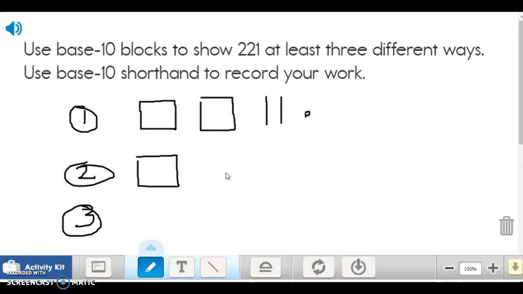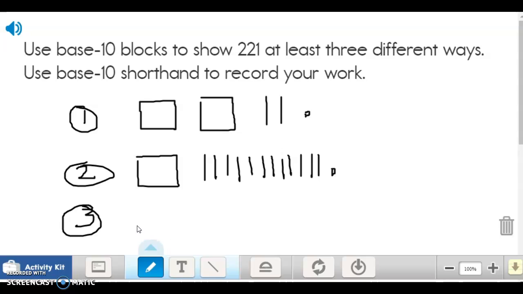So I'm going to need 10 plus 2, which is 12 longs. 1, 2, 3, 4, 5, 6, 7, 8, 9, 10, because that's 100, plus the 2 I have, 11, 12, and then my cube. So 100, 110, 120, 130, 140, 150, 160, 170, 180, 190, 200, 210, 220, 221.